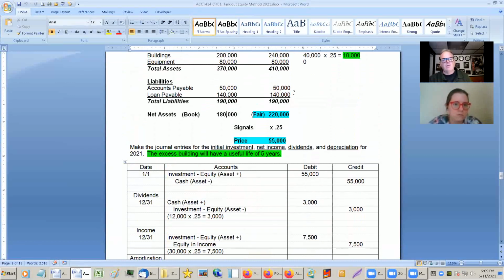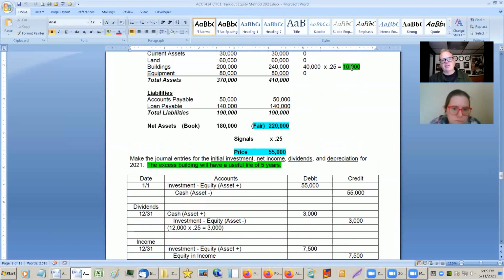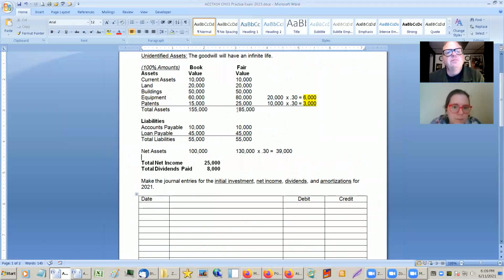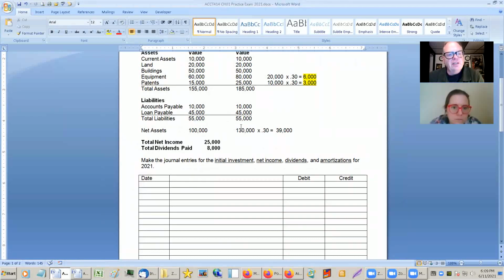But this one, if you take 25% of the book value, it's 45,000. Maybe that's the way to put it. Give me one more second. Okay. Well, let me show you this.